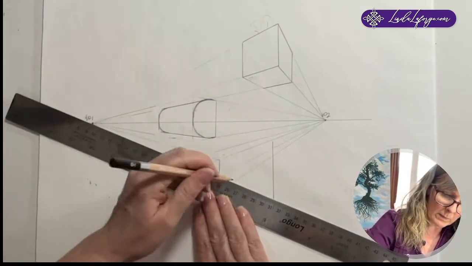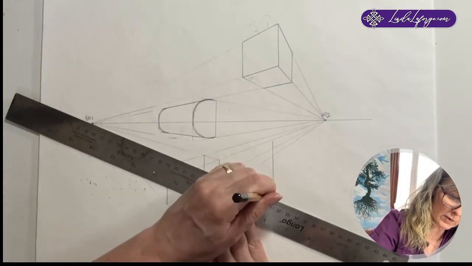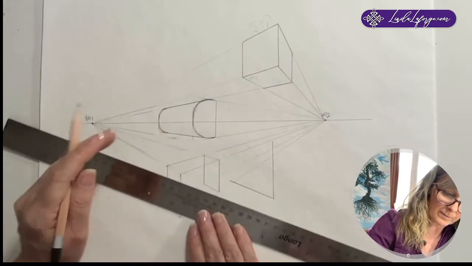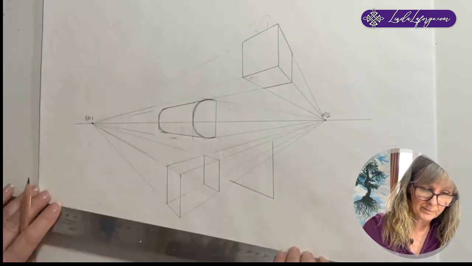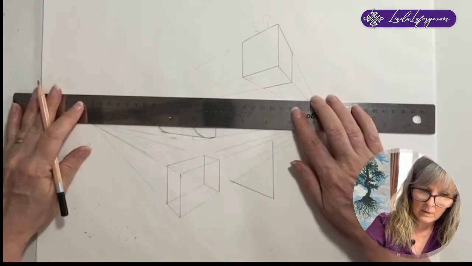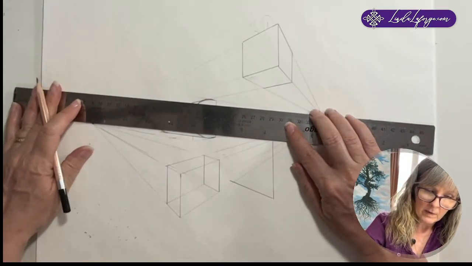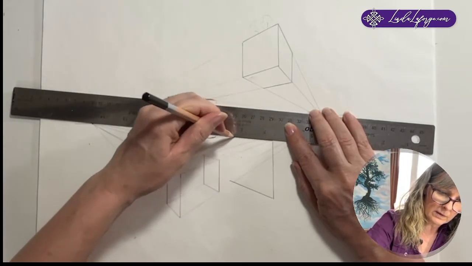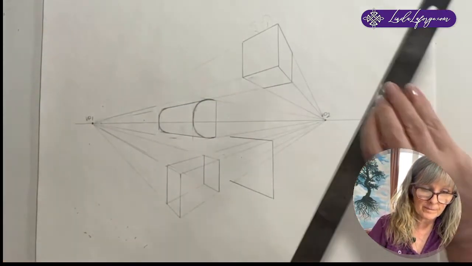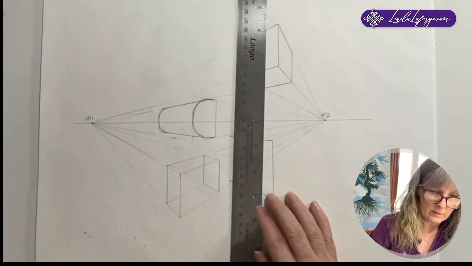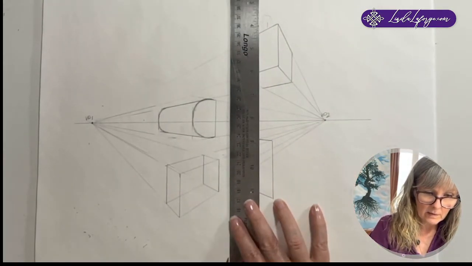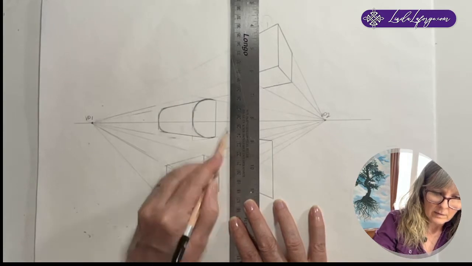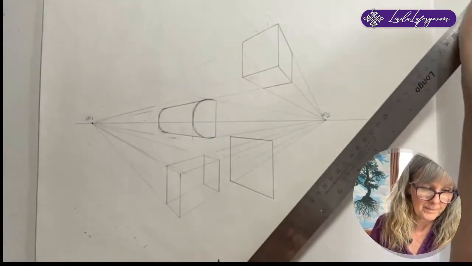I'll draw to about here. And I think I'm going to do this one with a hexagon in mind. Do the next line sort of straight. All right.